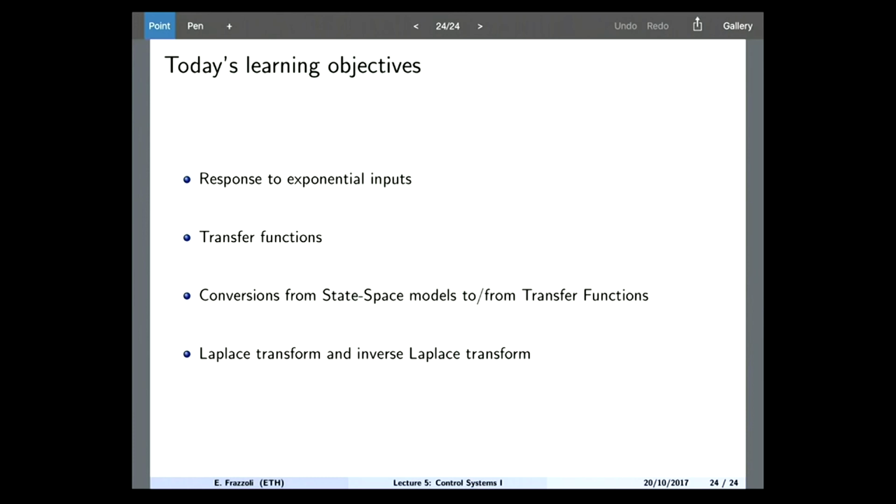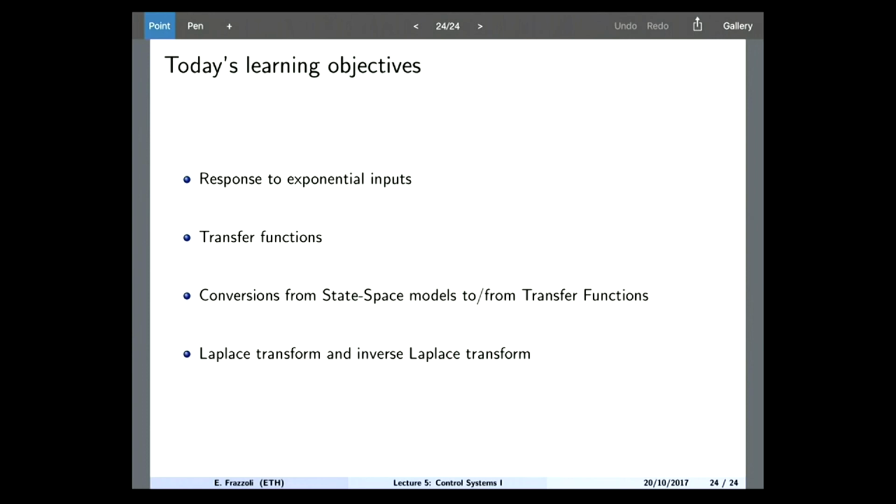We have seen how to construct the transfer function given the A, B, C, D state space model. And we have seen how to construct the state space model given the transfer function. So we can go both directions. The fact that we can go both directions tells you that a transfer function is as good a model as the state space model, as rich.